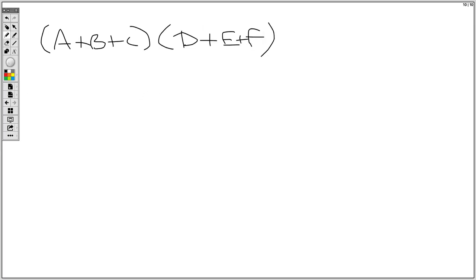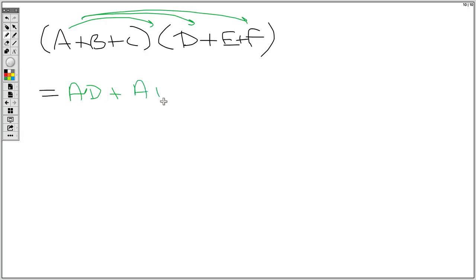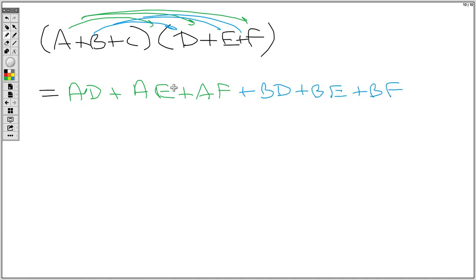What you've got to do is multiply each term of the first quantity times each term in the second quantity, all the way down the line.